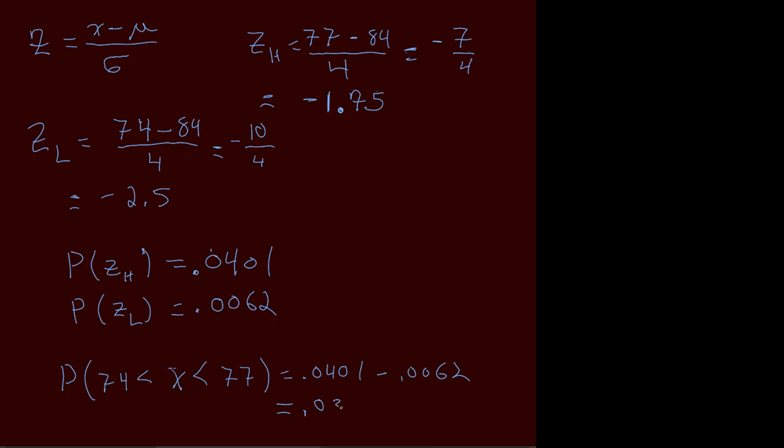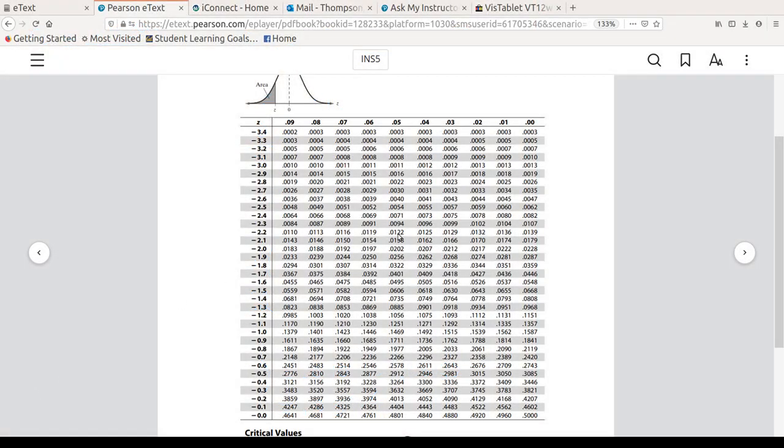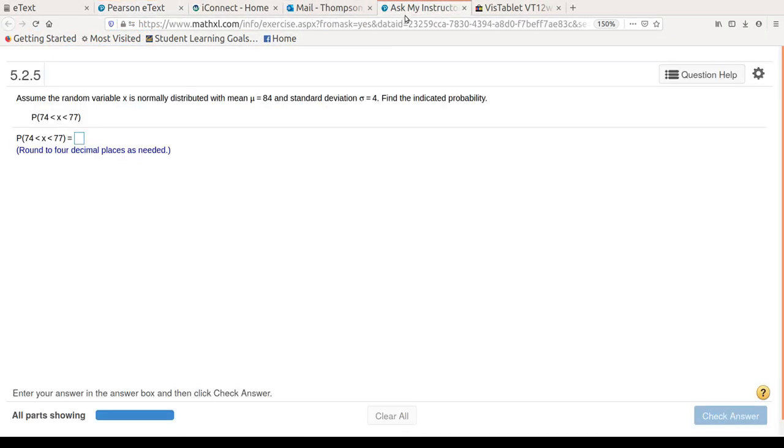I'll double check what we wanted with the problem, and it said to 4 decimal places. So we have our 4 decimal places.